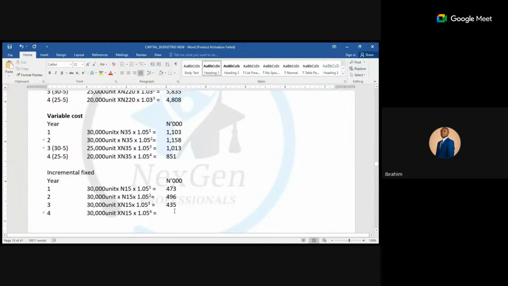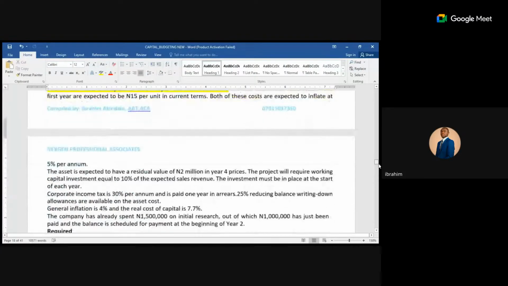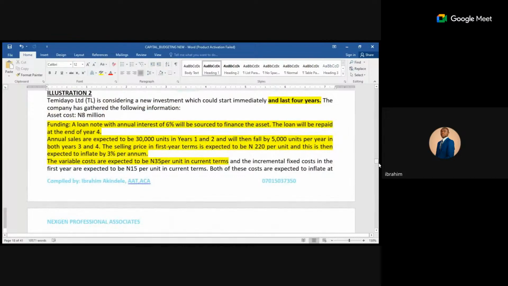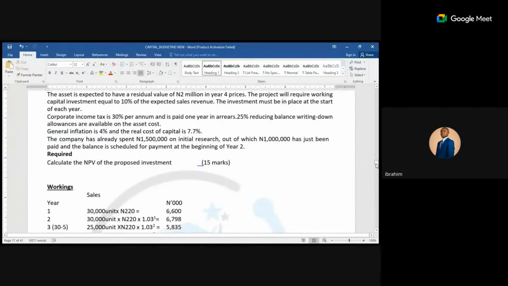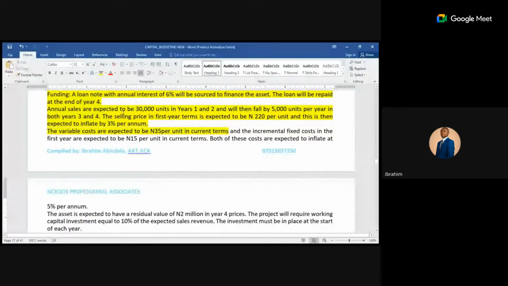This question, I think it's one of the past questions, 15 marks like that. You can see the question is not much. I should do it within 10 minutes. If you didn't analyze this question very well, you may not even get up to 10 marks, because the major work is from the part when it is in current terms.